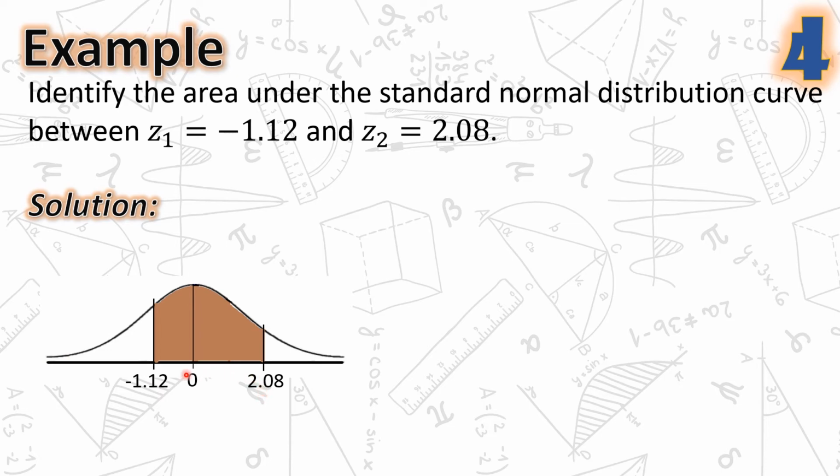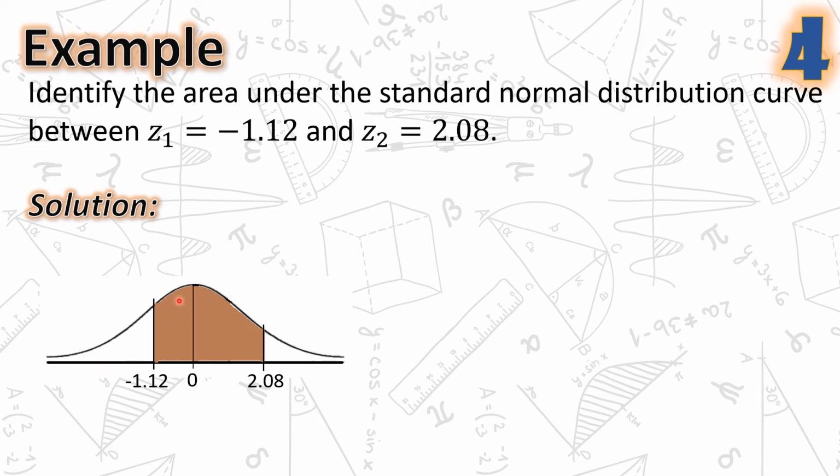This time we have two z values and we need the area between these two z values. And since the table shows the area to the left of any z value, then what we will get from the table is the area to the left of 2.08 and to the left of z equals negative 1.12.